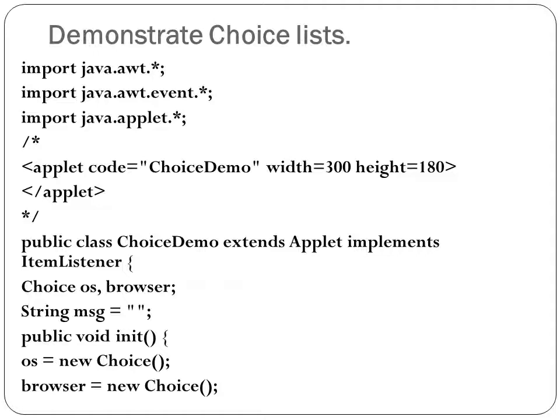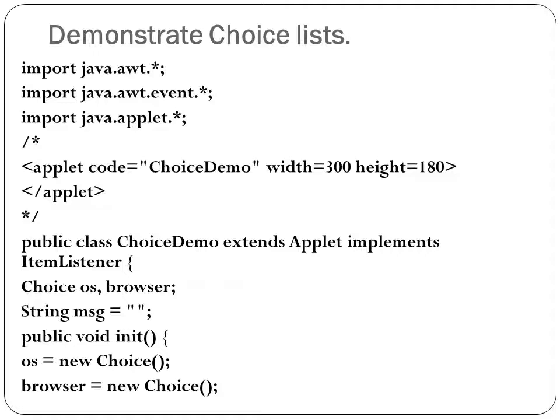This is a program which demonstrates a choice list. In order to create a choice, we have to import several packages like the AWT package. To handle events, we have to import the event package, and here we are creating the choice on an applet window, so we are importing java.applet.